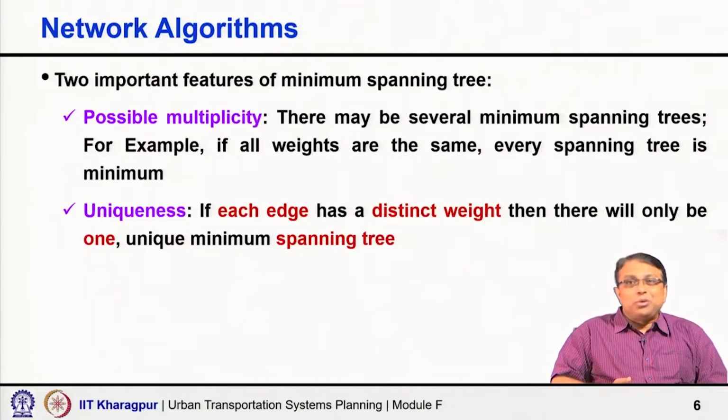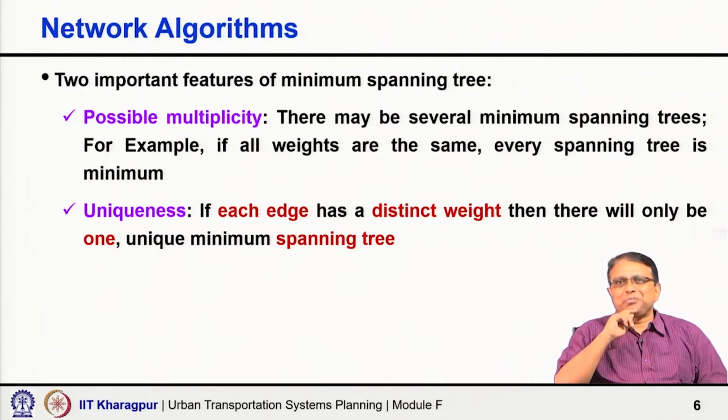Similarly, with some of the links we may also get alternative solutions, but if each edge has a distinct weight, here in this case let us say length we are talking about, so let us say the length of each link is different, then there can be only one spanning tree.